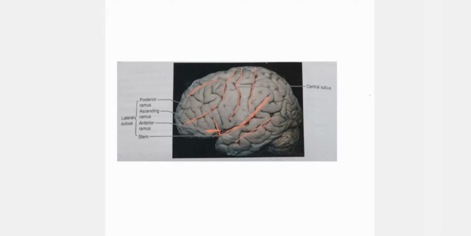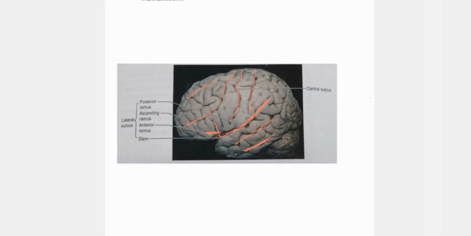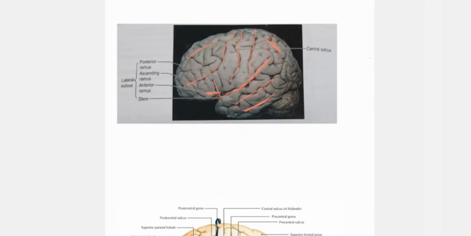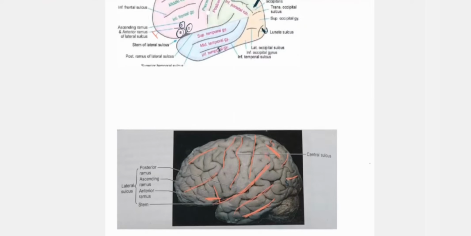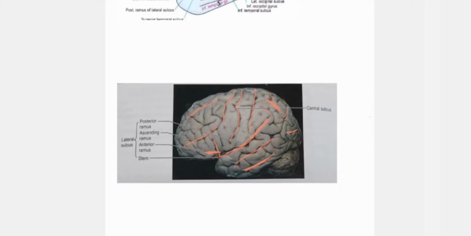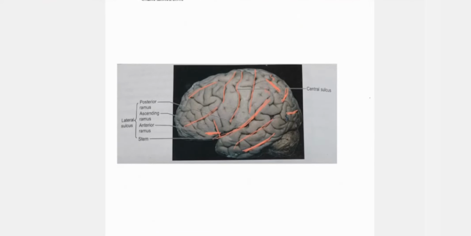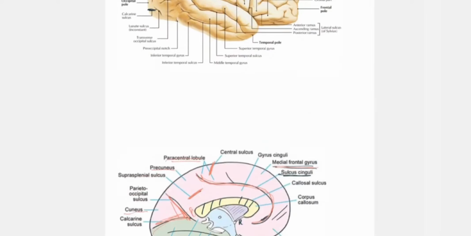This one is the superior as well as the inferior temporal sulcus, and here we can see the intraparietal sulcus, which divides this into the superior and inferior parietal lobule. Here there will be a lateral parietal sulcus as well as the transverse occipital sulcus, lateral occipital sulcus and the transverse occipital sulcus.